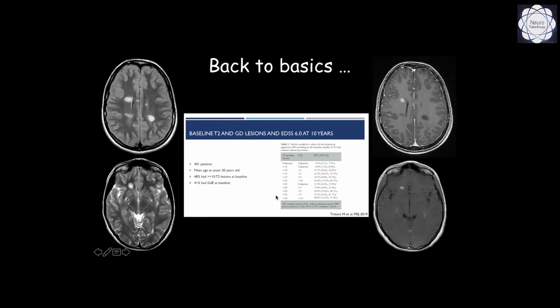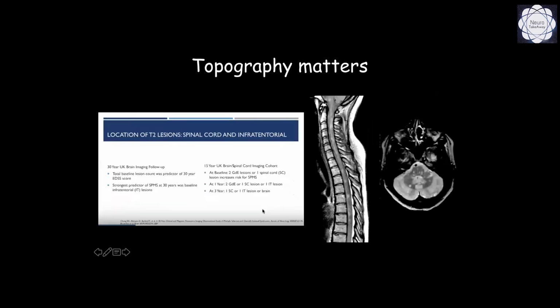And she demonstrated that these lesions are associated with the probability of a patient to reach a new EDSS of 6 at 10 years. And you can see here all the combinations, more than 10, more than 20 lesions on T2, and more than 1, 2, 5, 10 GAD-enhancing lesions. When you have more and more lesions, you have more probability to reach this EDSS score earlier.